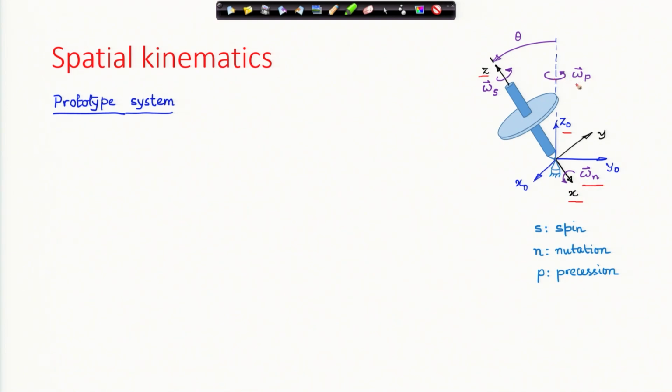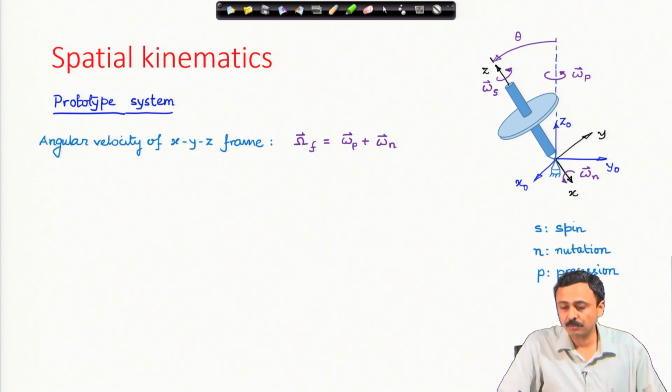and there is a precessional angular velocity omega p which is about the capital Z naught. The angular velocity of the x y z frame, which is the frame angular velocity omega f, is due to the precessional motion about the z naught axis and the nutational motion which is the rotation about the x axis.